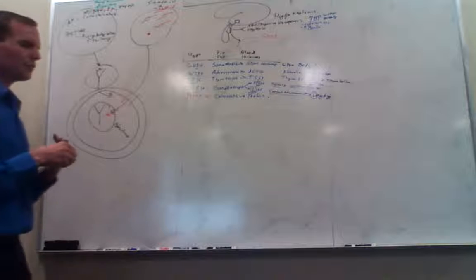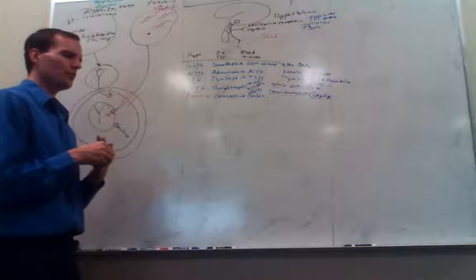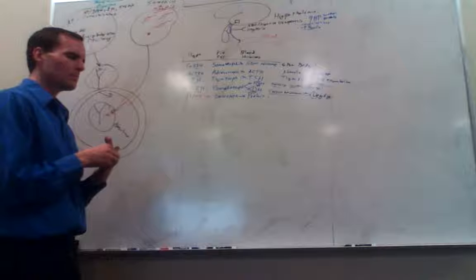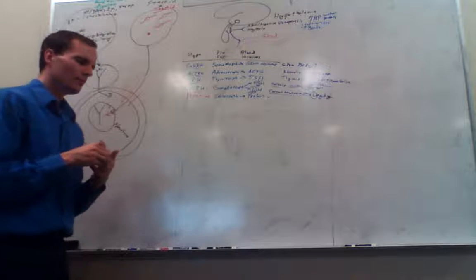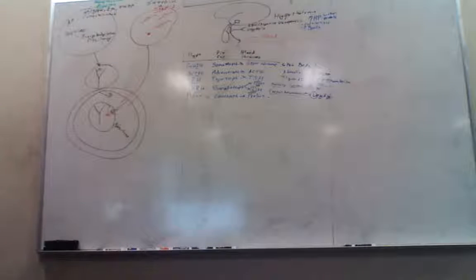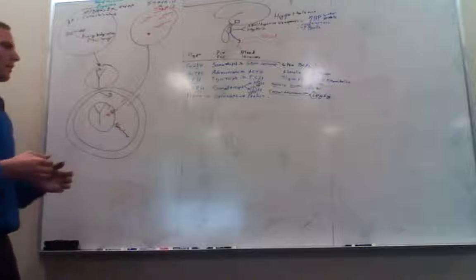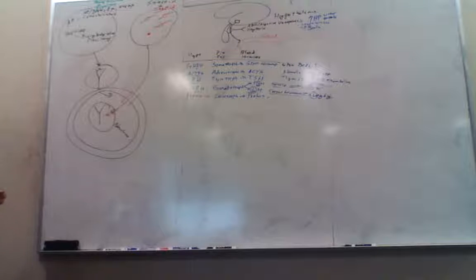Gonadotrope, and then that splits into two different hormones, FSH and LH. Then the last one, the inhibitory one, that's dopamine, and that messes with what?